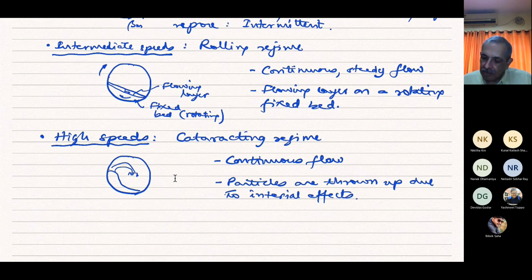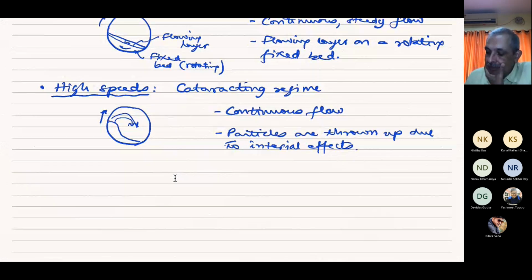Okay, so now the thing is rotating so fast that the particles have some momentum as they are moving with the cylinder. And so then they don't want to quickly change direction and stick to the flowing layer. They get thrown into the air and then they fly out and go there.